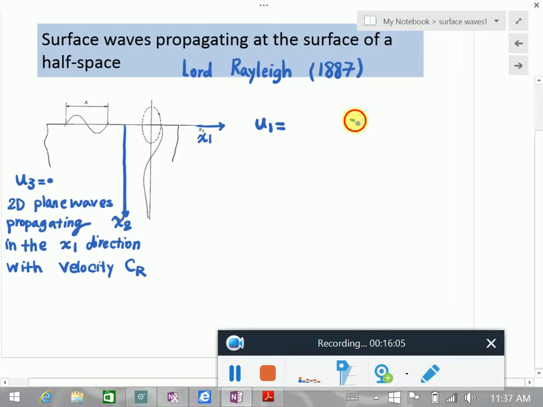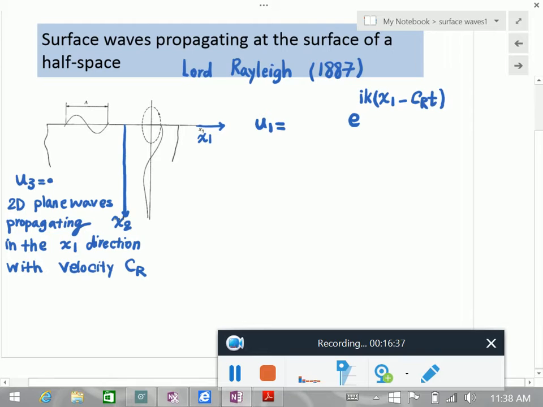So the equation, right? One is omega t, one is kx.